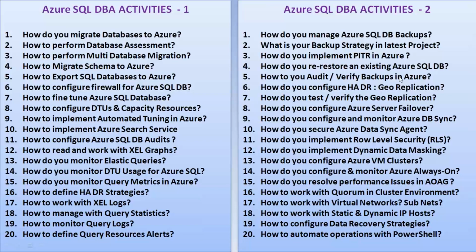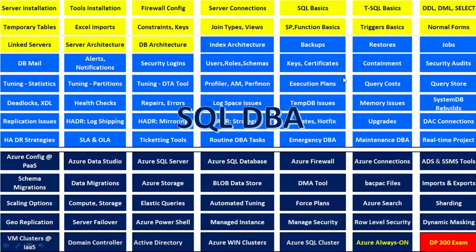So the detailed step-by-step activities will be taken care of. We'll start from installations, not one, not two, multi-server installations, tools. There are multiple tools we need to learn. Yes, we are into cloud.